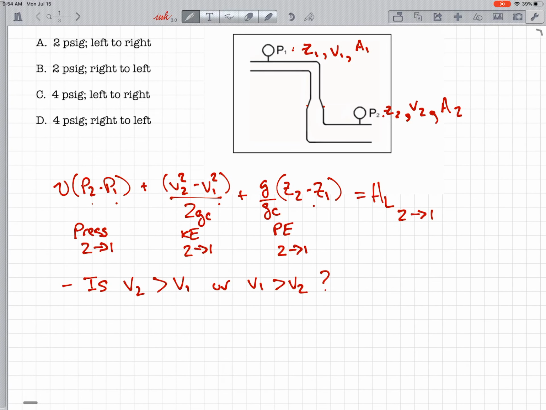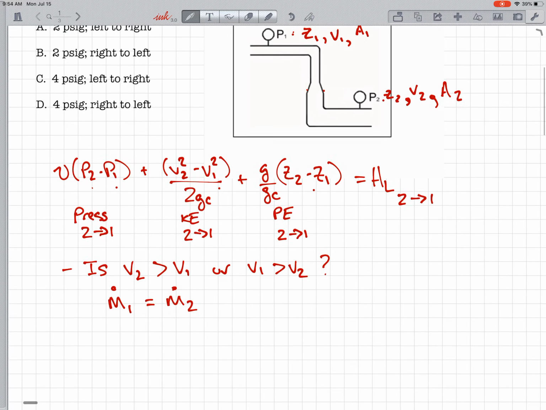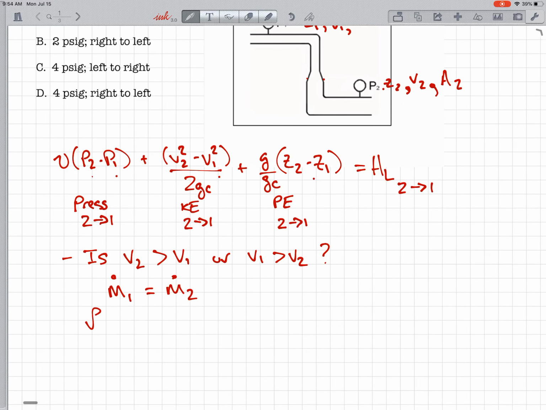And the way we do that is we say mass flow rate at point 1 is equal to mass flow rate at point 2. Which makes intuitive sense, right? Everything going in is coming out. Just changing speed, apparently, because we're changing area. And so mass flow rate is equal to density at 1, cross-sectional area at 1, and speed at point 1.